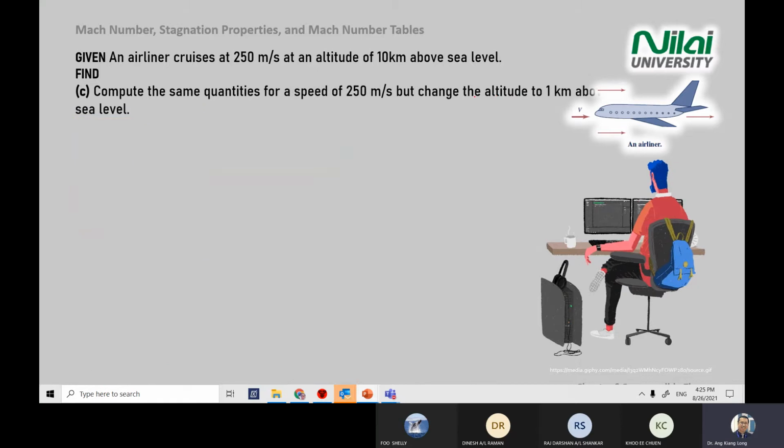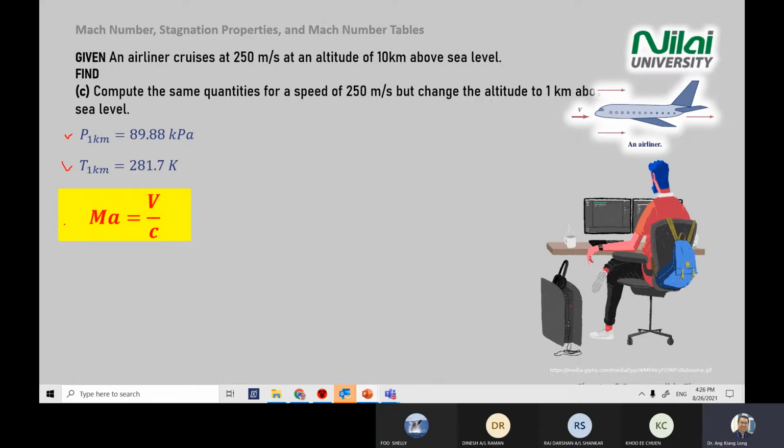Let's see what happens if you reduce the speed back to 250 meters per second, however now at 1 kilometer above sea level. You already found the pressure and temperature at 1 kilometer from the table just now.